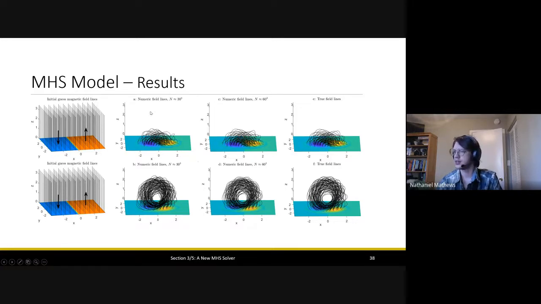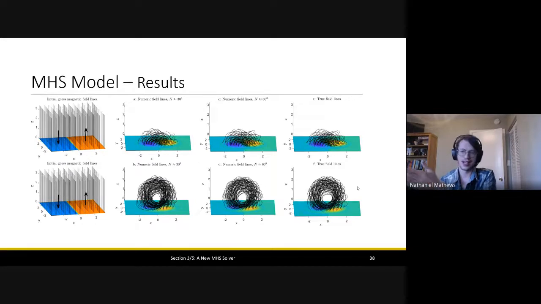So here is, in order, the initial guess, the low resolution version of this forward model that I've described that doesn't have too many node points, the more computationally expensive high resolution version that has 8 times as many node points, and then the true field lines from the analytic Gibson-Low model. And you can see that the high resolution case and the true case are almost indistinguishable.